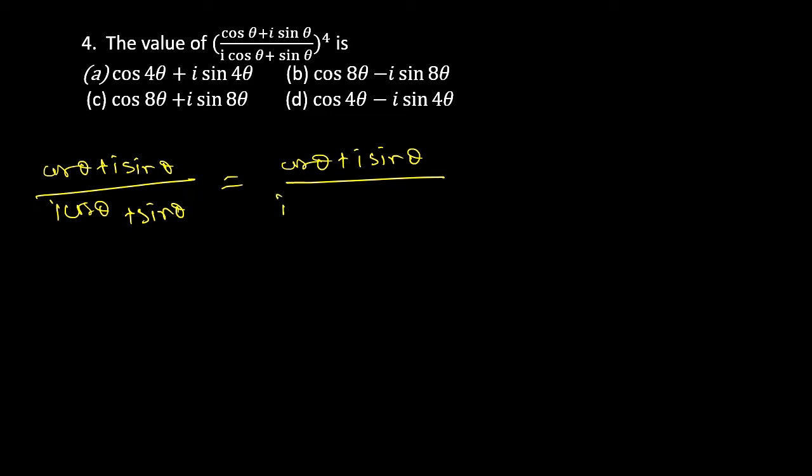Then we get i cos theta minus i sin theta. Okay, it means 1 by i, e to the power i theta by e to the power minus i theta.